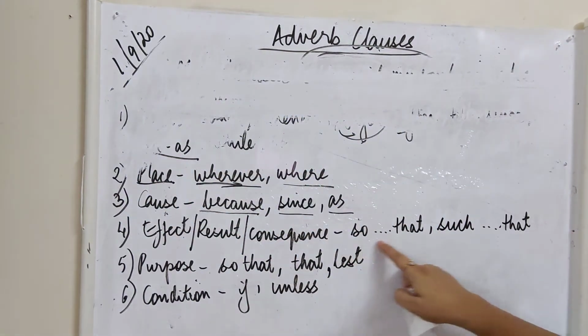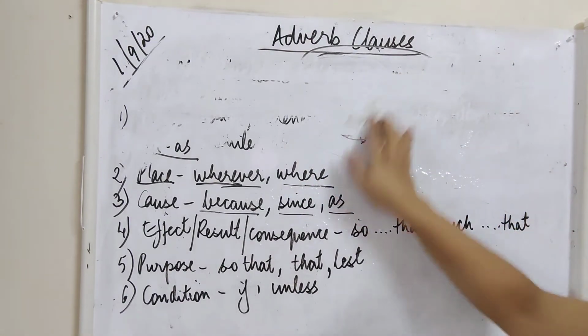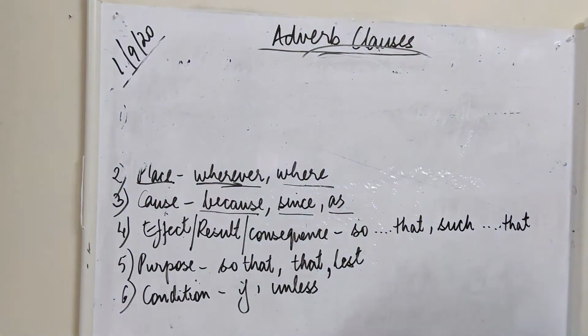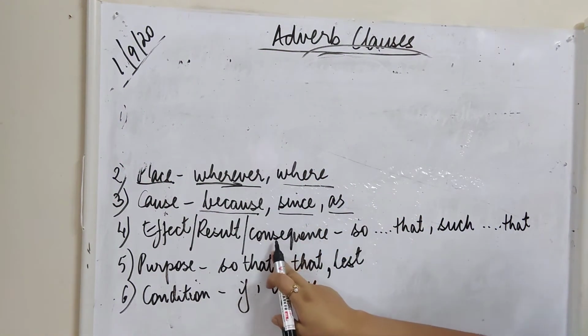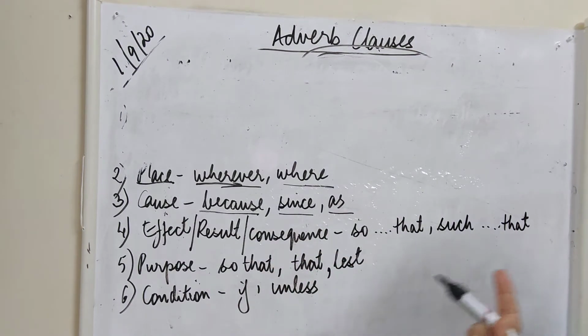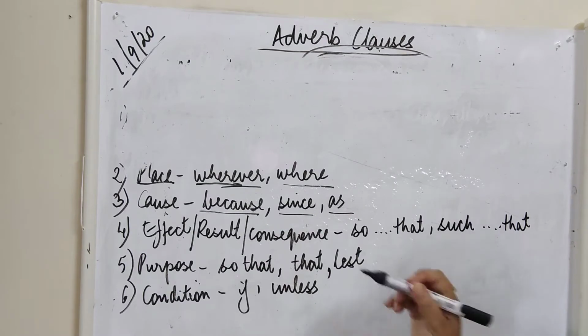If the clauses are starting with so that or such that, then it is an adverb clause of consequence or result. So children, I am explaining the different types of adverb clauses along with the words which they can start with. Mind you, there is no fixed rule that an adverb clause is going to start with that or who or wherever. It is not fixed. You always go by the sense, whatever it is modifying. An adverb always modifies a verb or an adjective or an adverb. So just go by the sense.